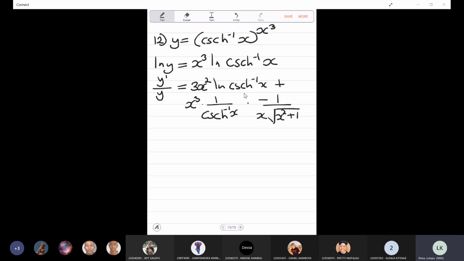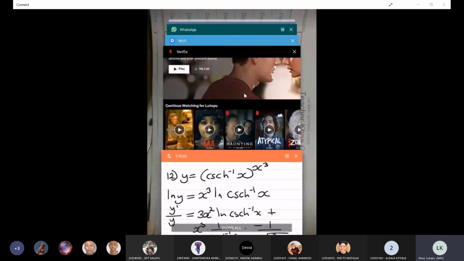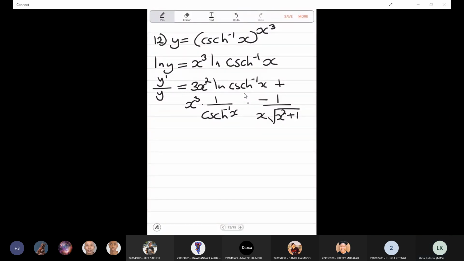Then we rewrite it so that it is as simple as possible. So we have y prime over y.